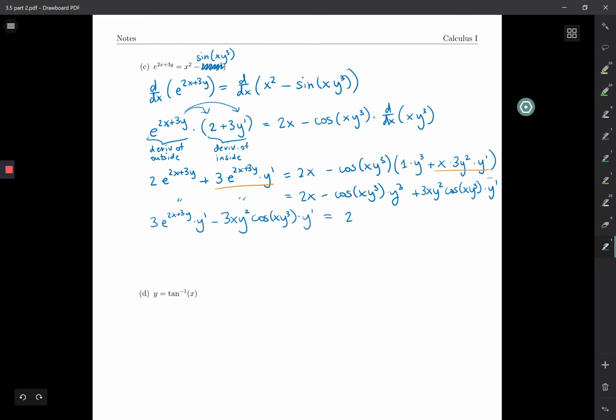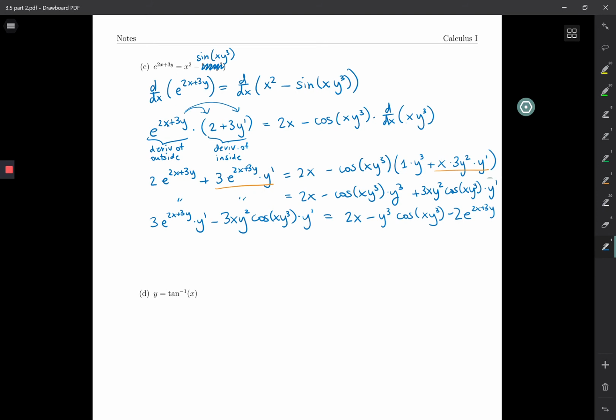And then, just copying these two terms, we usually put the y cubed in front, so I'll do that. Y cubed cosine of xy cubed, and then minus that term that came from the other side, so e to the 2x plus 3y.